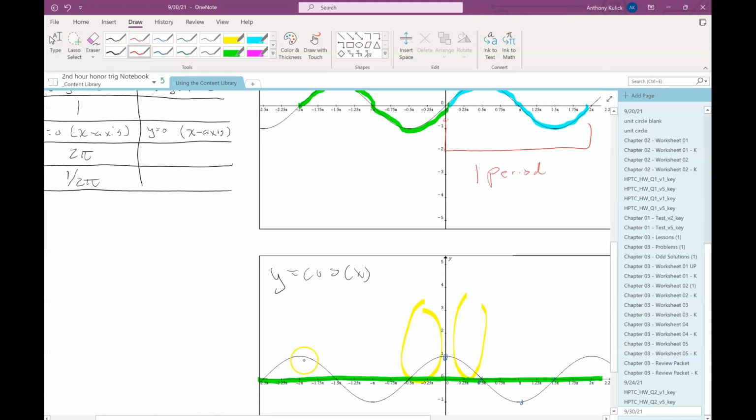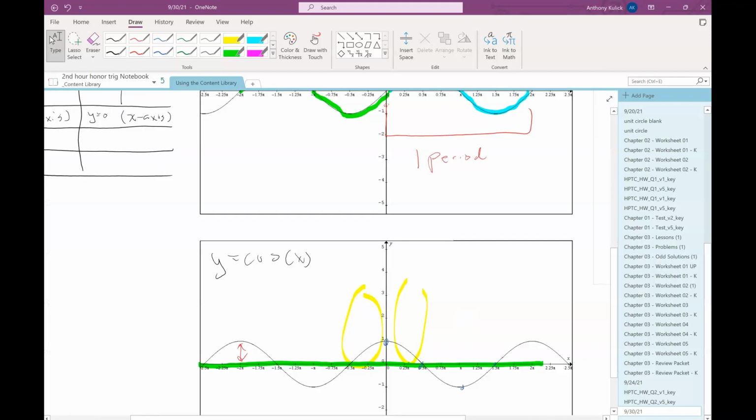The amplitude, still 1. The period, let's see, we're going to go from 0 at a maximum to another maximum there at 2 pi. So again, the period is also 2 pi.